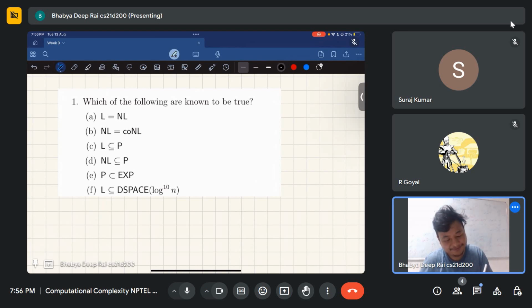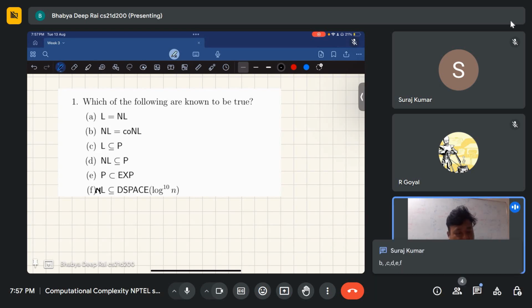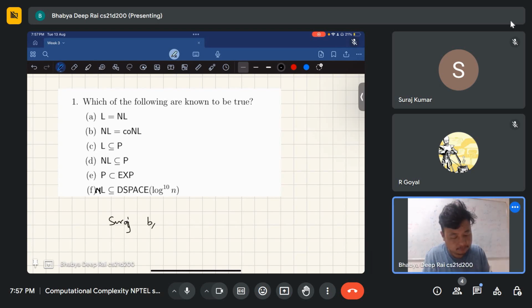Okay, this should be NL. Okay, Suraj says B, C, D, E, F.